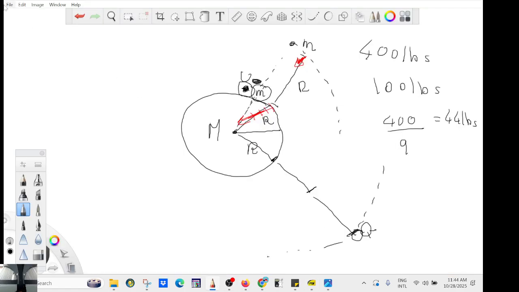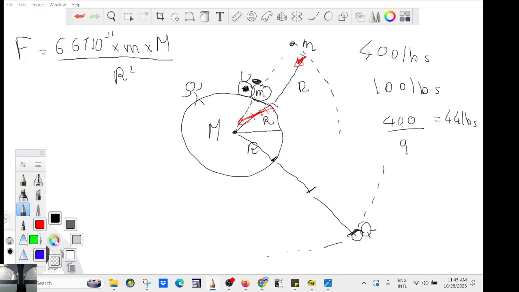Microphone is never good. Okay, so that force here, so this is me. So that force will be G, 6.67 times 10 to the negative 11, times my mass times the mass of the Earth divided by R squared. Do you agree? So the force that the Earth is acting on me is equal to my weight.